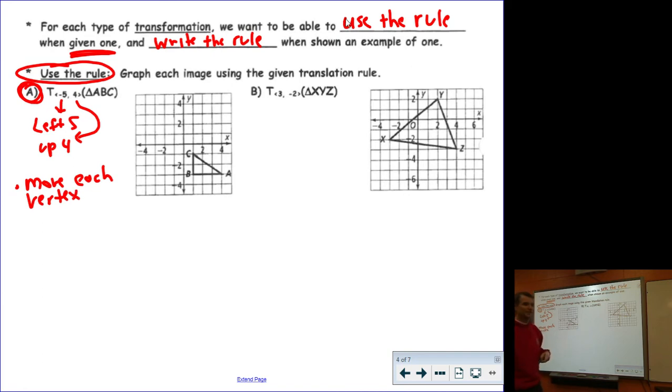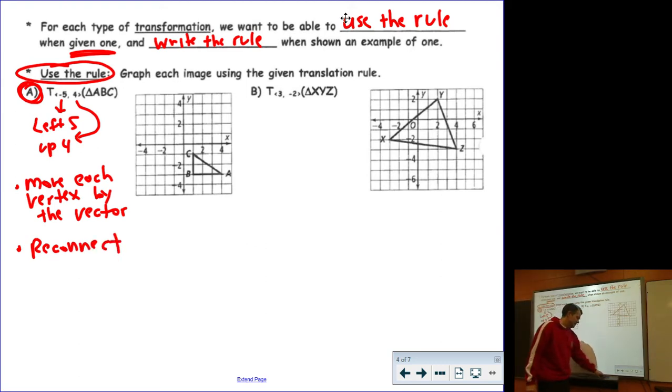A vertex is the corner of the triangle. I would move each vertex by the rule or the vector. And then reconnect them.